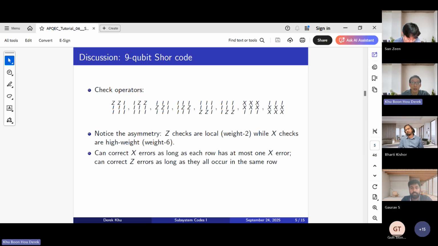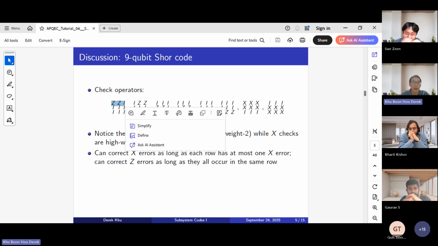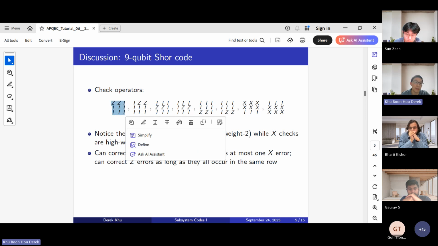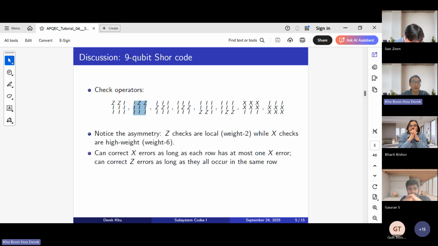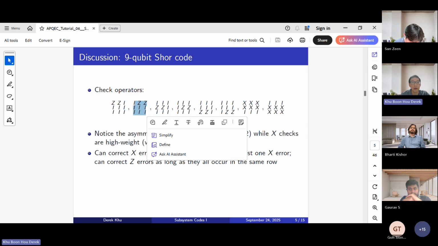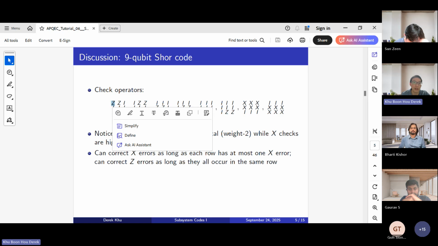And we could correct X errors. These Z operators could correct X errors as long as each row has at most 1 X error, right? Because if, let's say, the first row has 1 X error on the first guy, then this guy would give a measurement of -1, and this guy would give a measurement of +1, because the first guy is affected and this is the identity, so it's not affected.